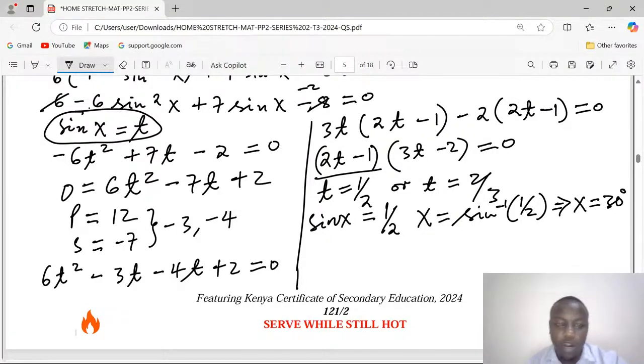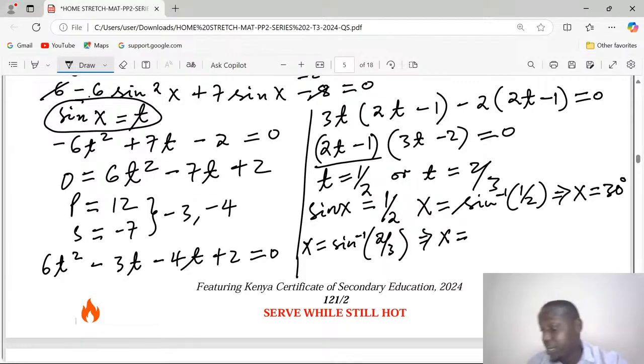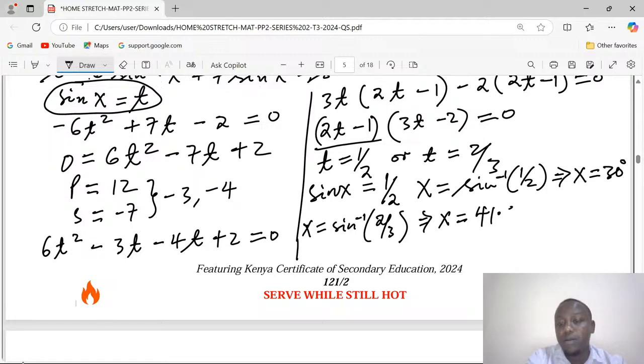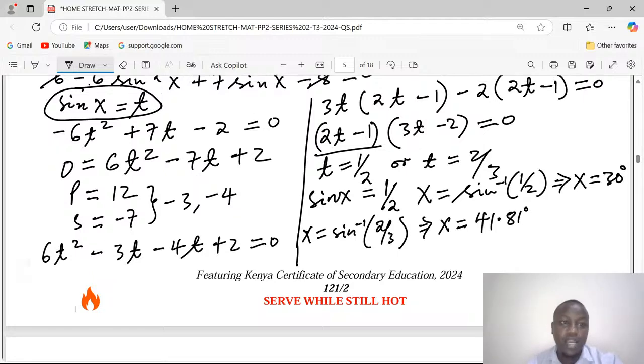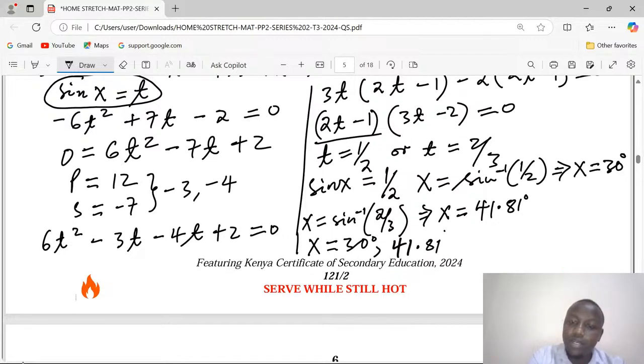That is the first acute angle. Again, we can say sine of x equals 2/3. So x shall be the sine inverse of 2/3, giving us x as an acute angle equivalent to 41.81 degrees. So all the possible values of x now will be 30 degrees, 41.81 degrees, and the same acute angles in other quadrants where sines are also positive.